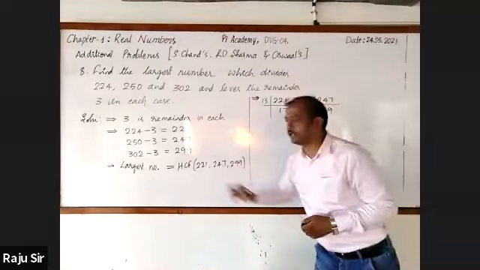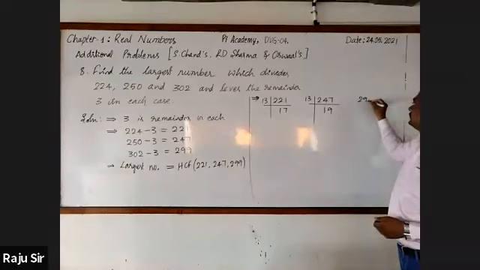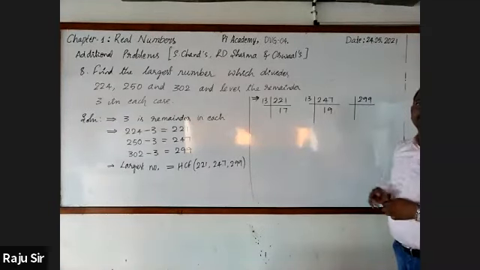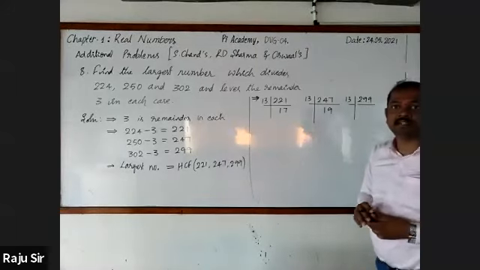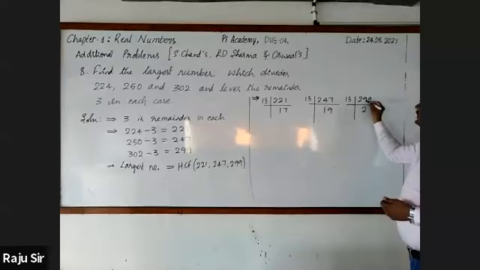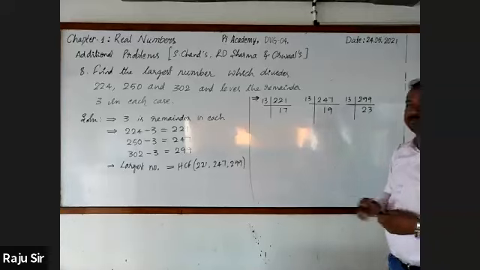Next, go for another one. 299. 13 you can go into 29. 13 twos are 26. 3 will remain, 39. 13 threes.